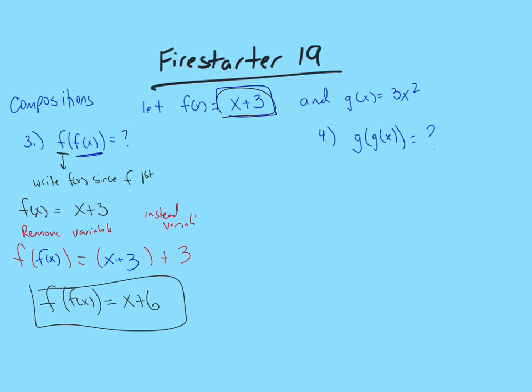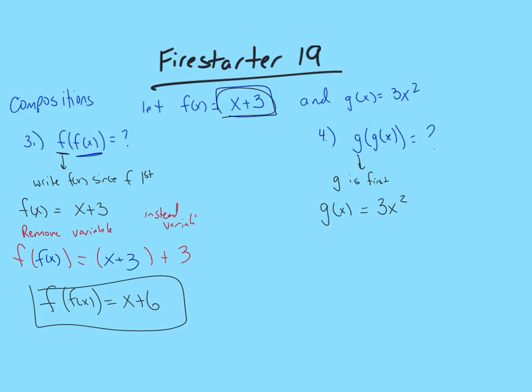Done. So now we're going to do the same thing with g of x. Remember, g is first. So I'm going to write g of x. It has nothing to do with the g of x that's inside the parentheses. Because g is first, I write g of x equals 3x squared.